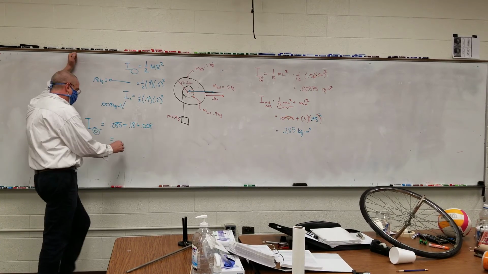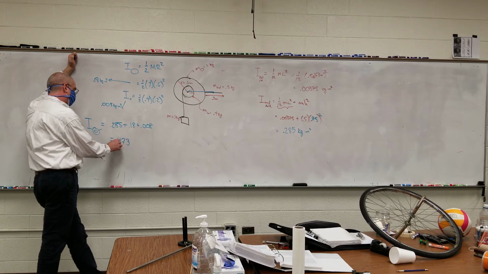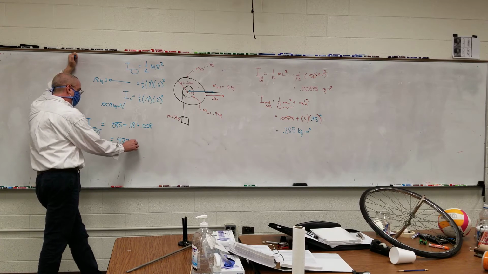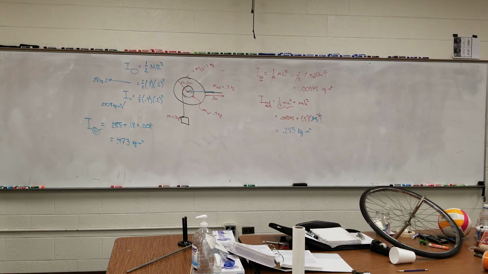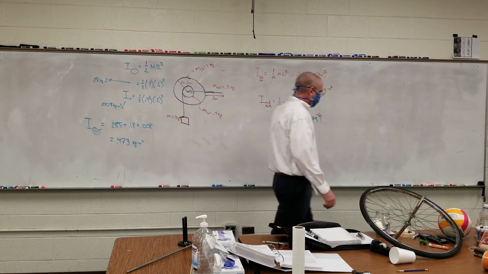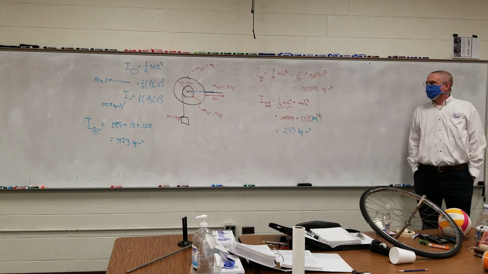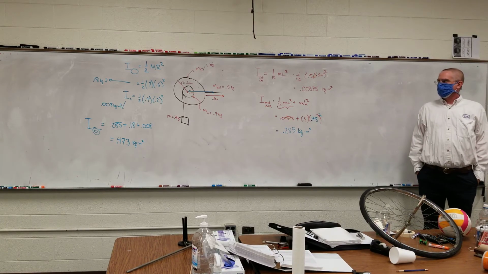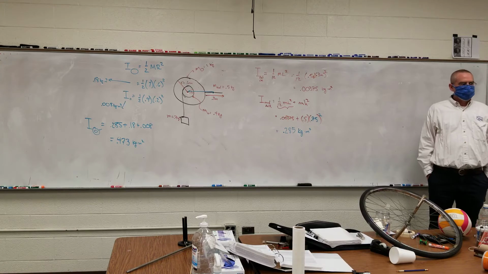And doing the fancy math here, so we've got a 3, carry the 1, 7, carry the 1, 0.473 kilogram meters squared. Any questions?